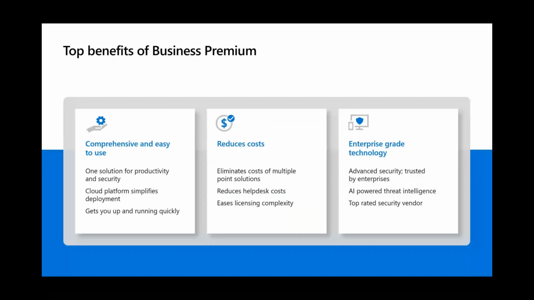It's a lot less complicated than having lots and lots of different vendors for maybe managing your mobile devices, or a different vendor for multi-factor authentication, or a different vendor for your antivirus. If you have all of those different vendors for all of those different tasks, it can become quite a complex scenario. So it's one solution which really enables your IT staff to learn it quicker, to be familiar with how it works, which means they can be more productive as well.